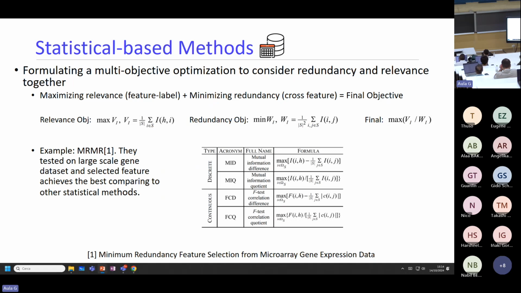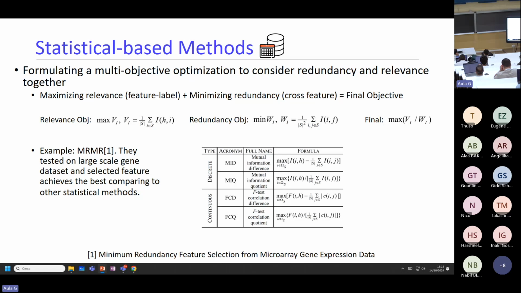For example, one objective is maximizing relevance, which computes the dependency between the feature and label, and another objective is minimizing the redundancy, which is the feature-to-feature dependency. They can combine these two objectives with a division or a minus to align the range of these two objectives and get a final objective.